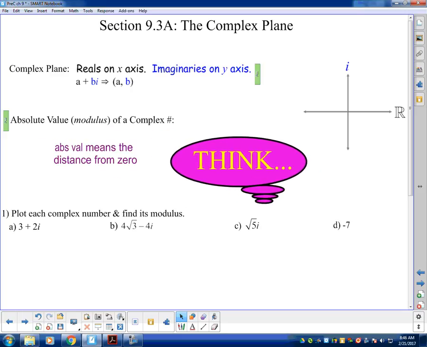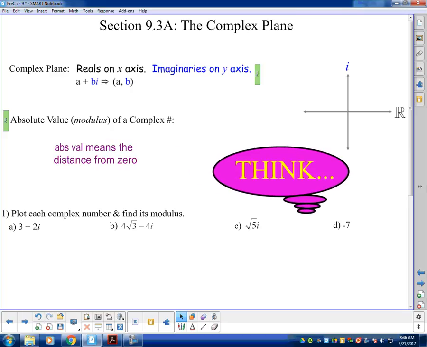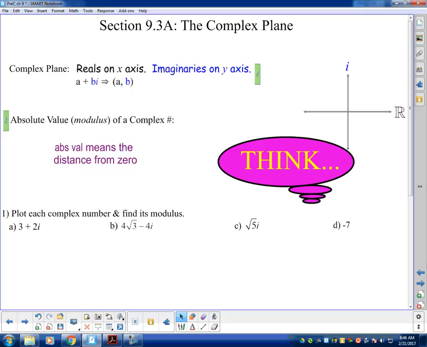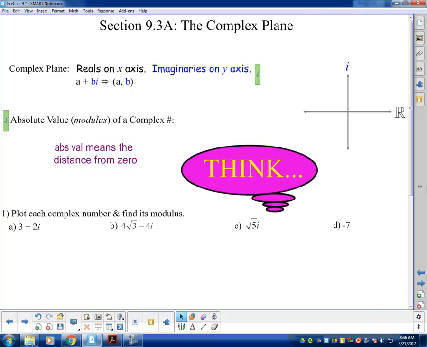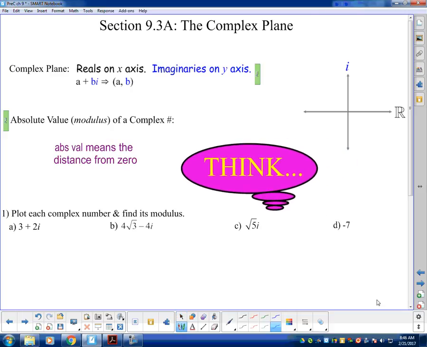If absolute value means distance from 0, then what would the modulus be of a coordinate like a plus bi? If I'm out here, let's put a dot here, this is the point a plus bi. I've gone out a and I've gone up b. This is the modulus that I just drew.